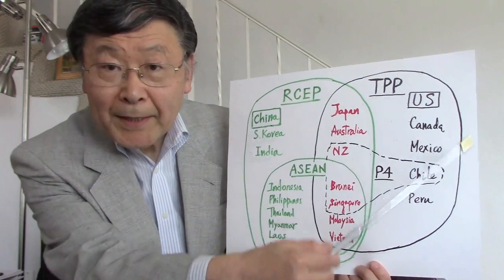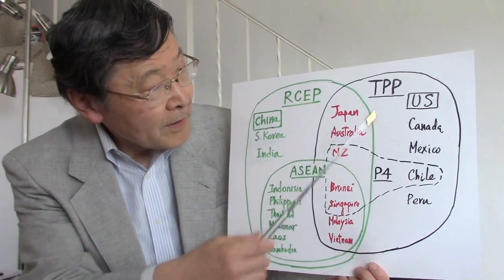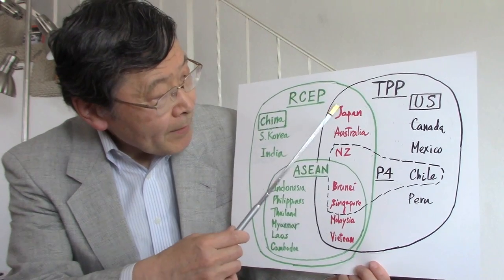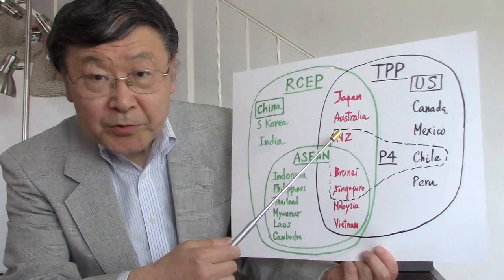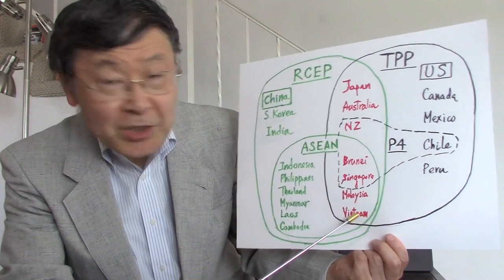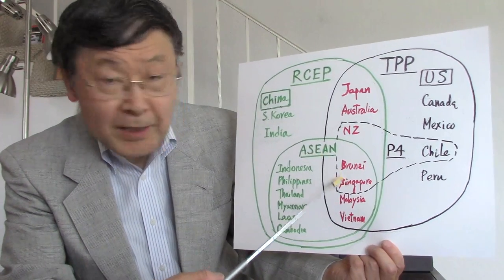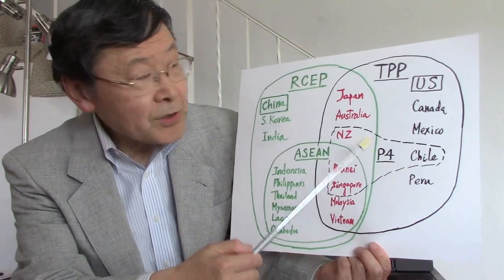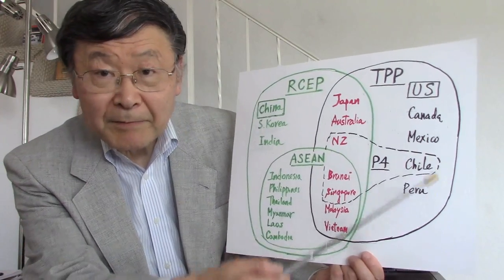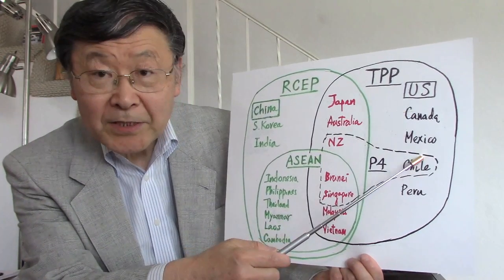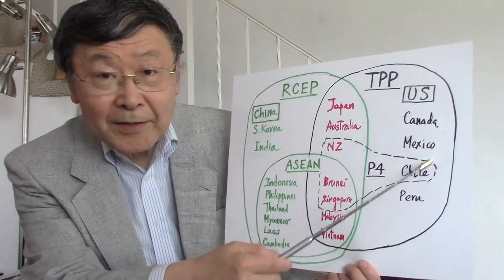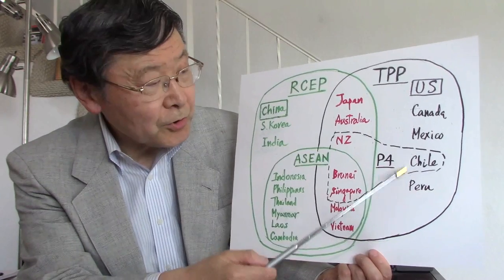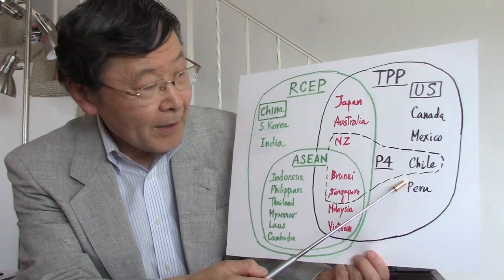Whereas the TPP across the Pacific includes Japan, Australia, New Zealand, and the 4 nations in Southeast Asia, plus 5 nations on this side of the Pacific: the U.S., Canada, Mexico, actually these nations are members of NAFTA, and then 2 countries in Latin America.